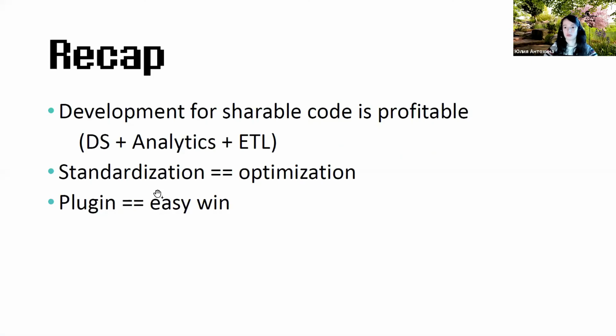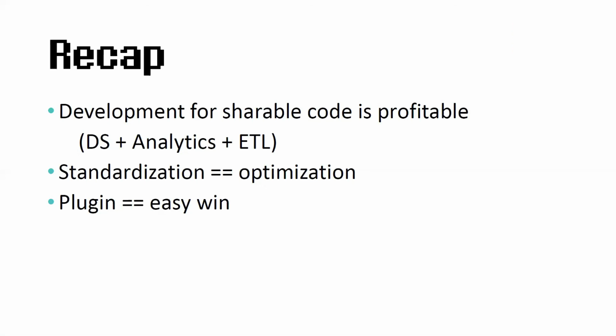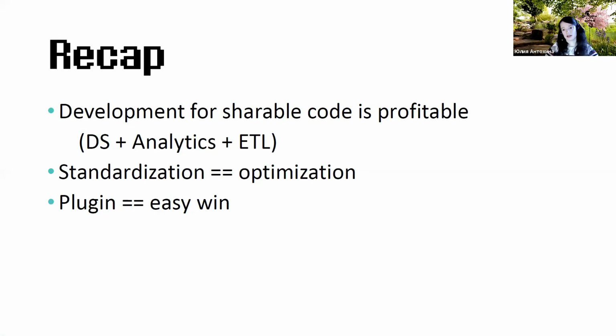And to sum up, when you are writing a lot of code, you need to structure it very well. When you have several data scientists working on one project and one code, it is highly recommended to do code review.